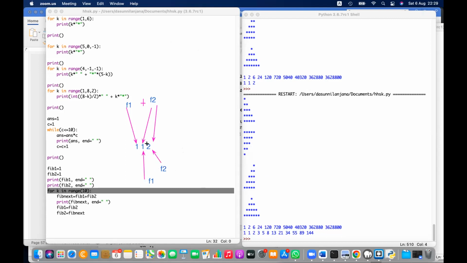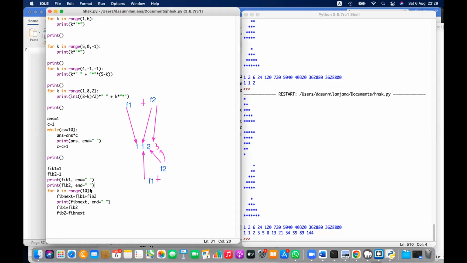Then to generate the next, I add these two numbers, 1 plus 2, which gives 3. In the next round, F1 is 2 and F2 is 3, then 2 plus 3 will be 5. That is what I need to repeat, and I repeated it 10 times to get this.